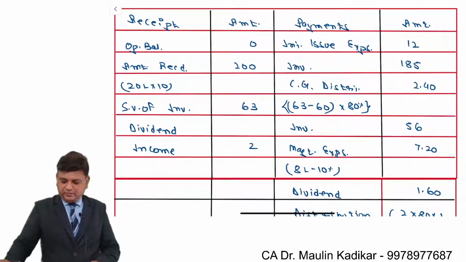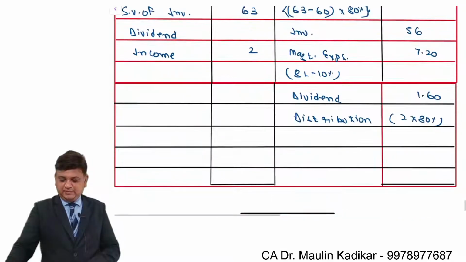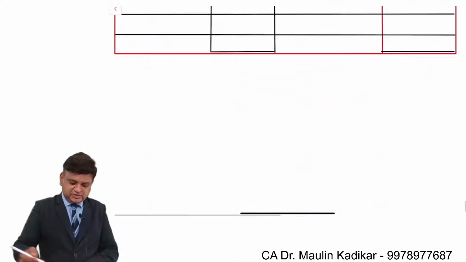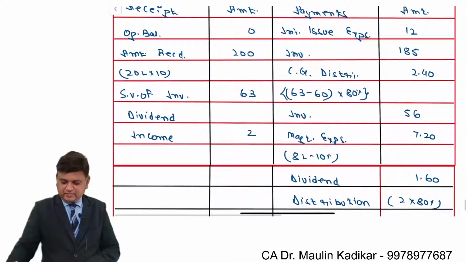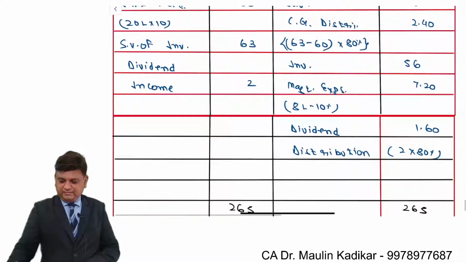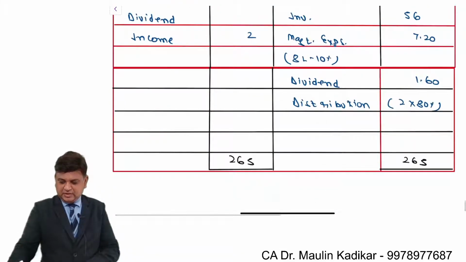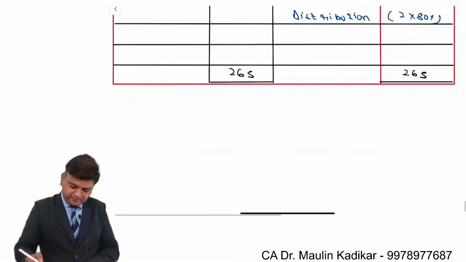So let us see, the opening balance is 0 plus 200 plus 63 plus 2, that is 265 lakhs, minus 12 minus 185 minus 2.4 minus 56 minus 7.2 minus 1.6, that comes to 80,000.